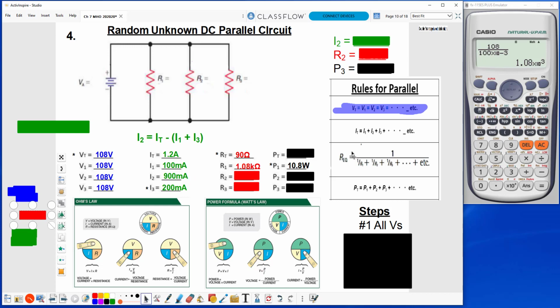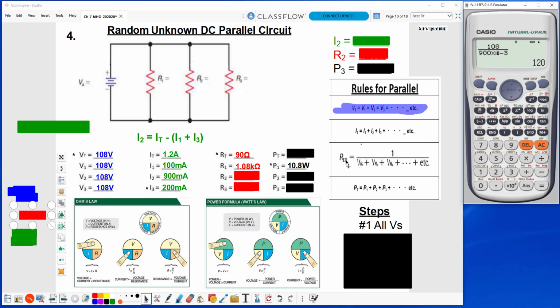All right, next for R2, I'm going to do 108 volts divided by, I'm going to change out the bottom only, the numerical value. I'll even leave the metric prefix in there. So that would be 108 divided by 900 milliamps.